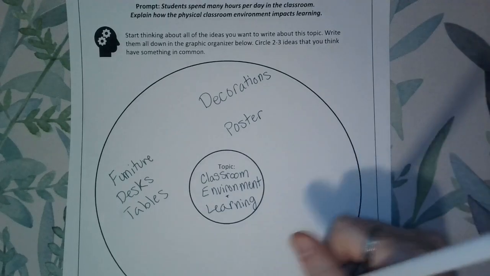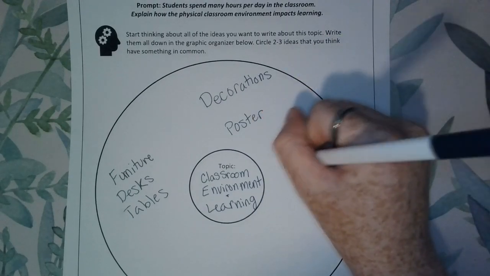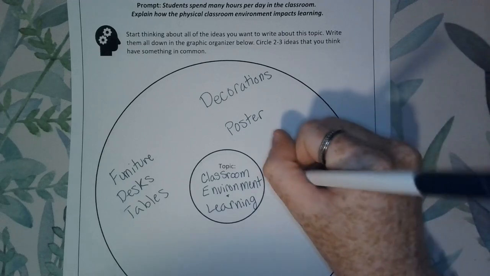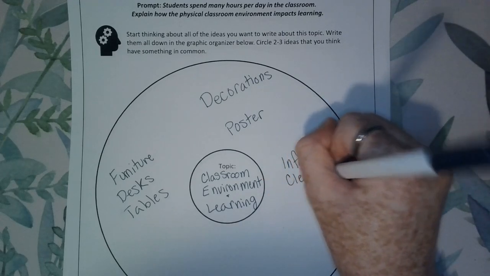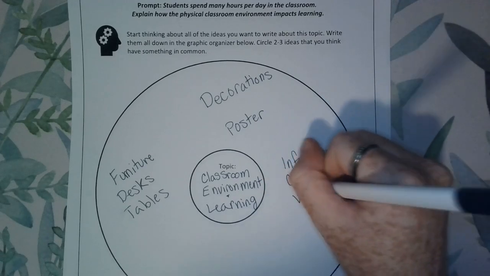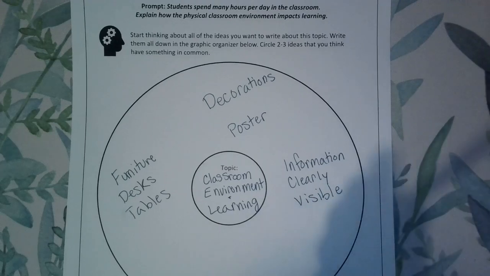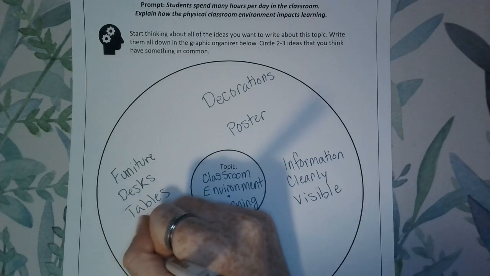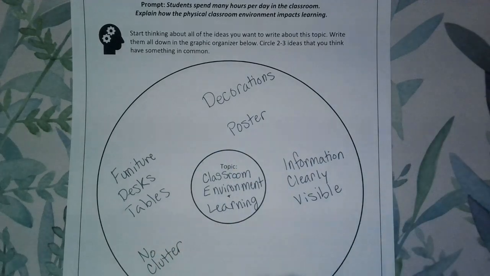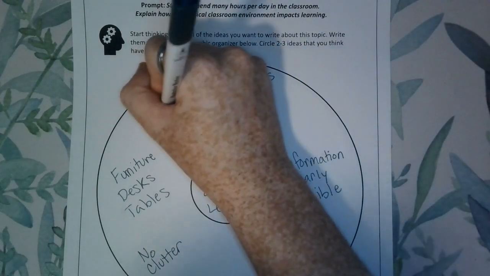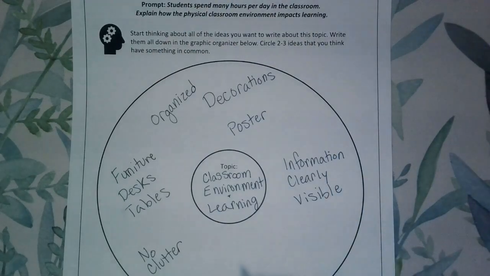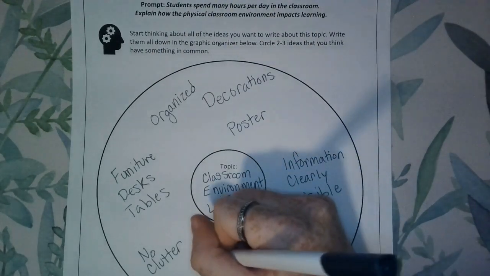We also have information in the classroom that should be visible. And then a classroom probably shouldn't have clutter, so no clutter. It should be organized. It should have supplies.